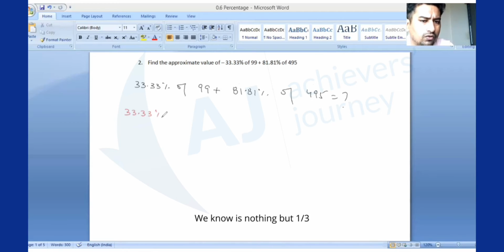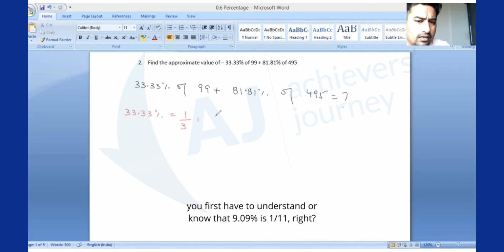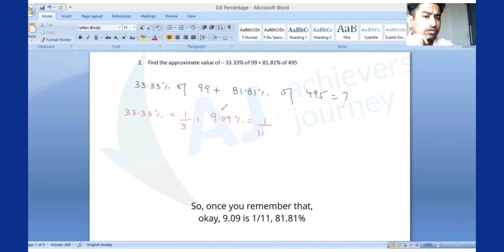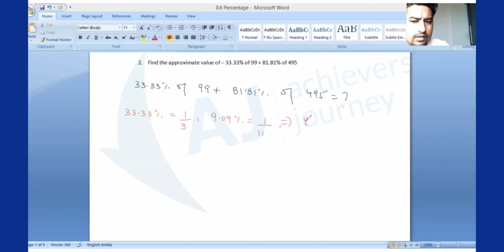33.33% we know is nothing but 1 by 3. For 81.81%, you first have to understand or know that 9.09% is 1 by 11, right? So once you remember that, 9.09 is 1 by 11, 81.81 looks like 9 times of this, right? So 81.81% is nothing but 9 times of 9.09%.